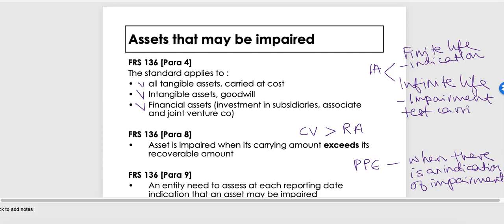That's the difference, because you do not reduce the value of IA. So we do not want our intangible asset to be overstated or unchecked. Therefore, we need to do the test at the end of each year.